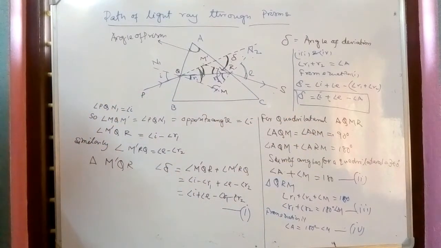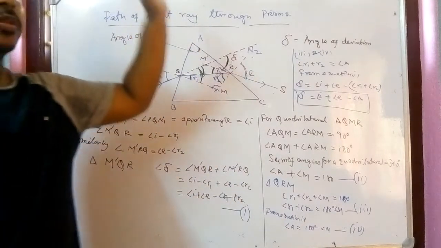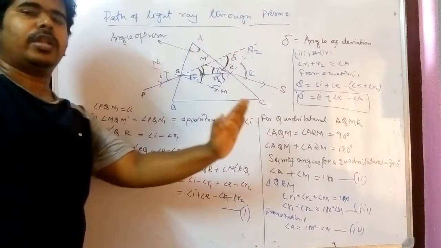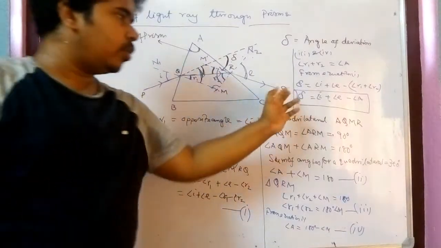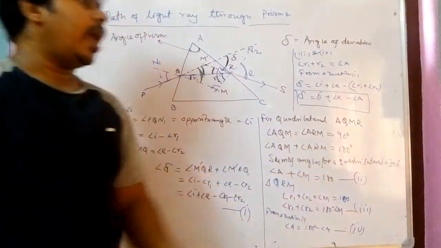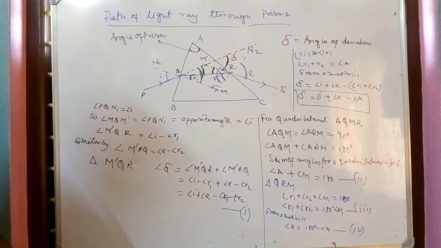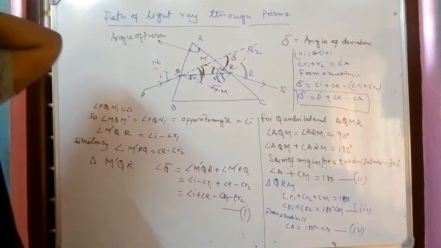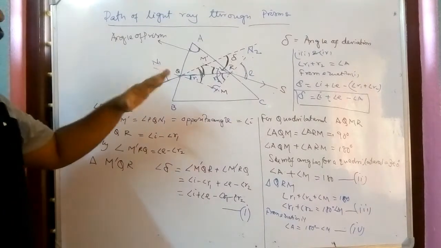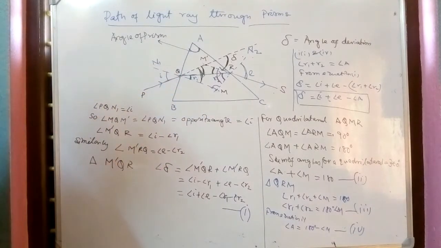But it is not that you have to prove it, because this proof is not needed, it is not in your syllabus. I have shown you to represent how the angle of incidence, angle of emergence and angle of the prism are related to the angle of deviation. So we can control the angle of deviation from here.